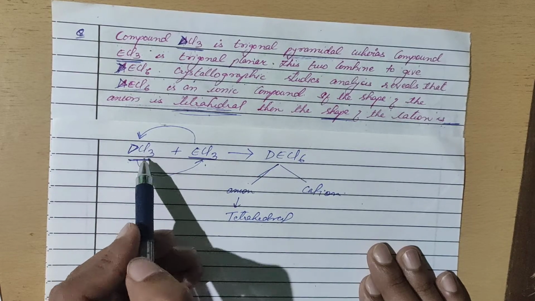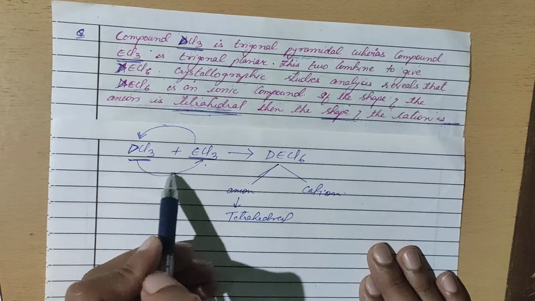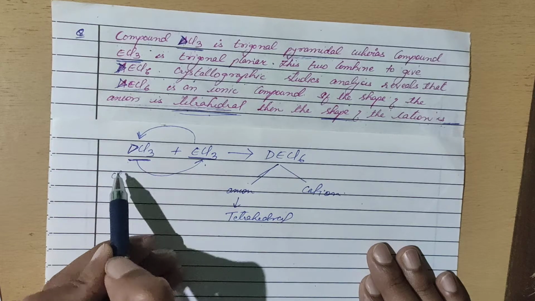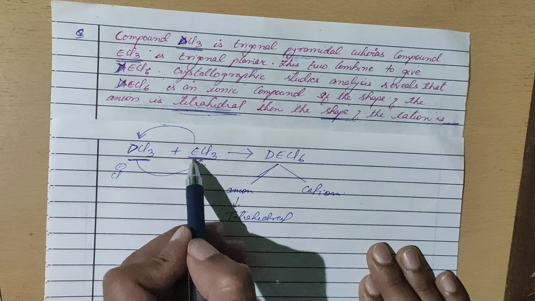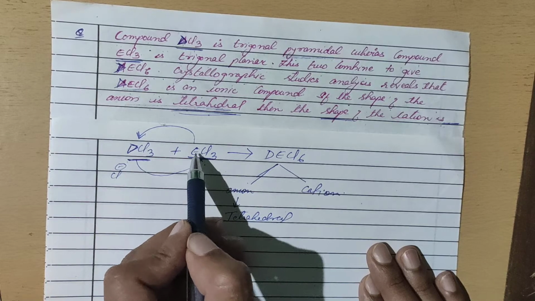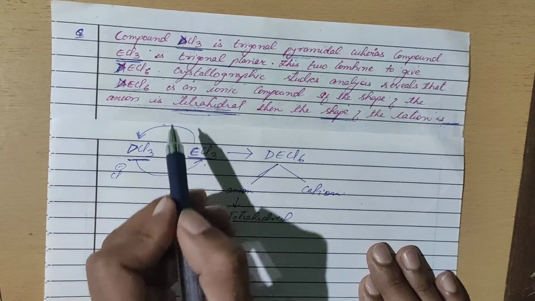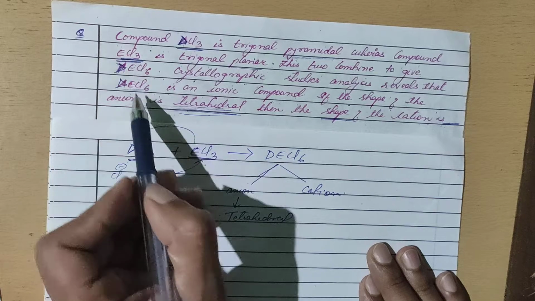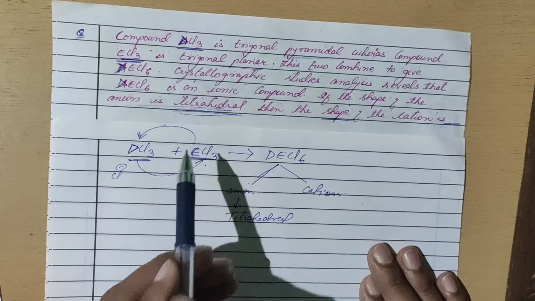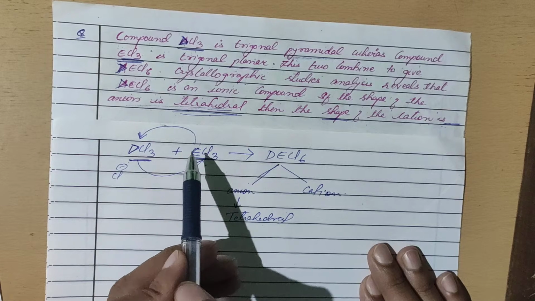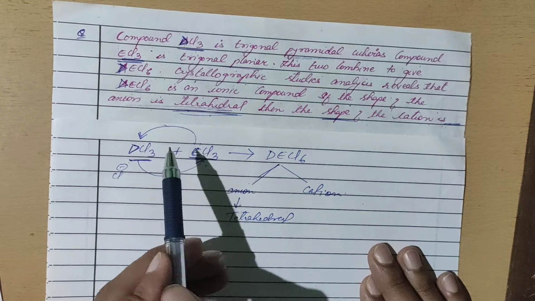So let's check the first possibility. If a chlorine, basically Cl minus, gets transferred to ECl3, it will become tetrahedral. And obviously it will, because previously in the question it is mentioned that E is trigonal planar, so it will not have any lone pair. And I hope you know that in tetrahedral geometry the central atom does not have any lone pair.